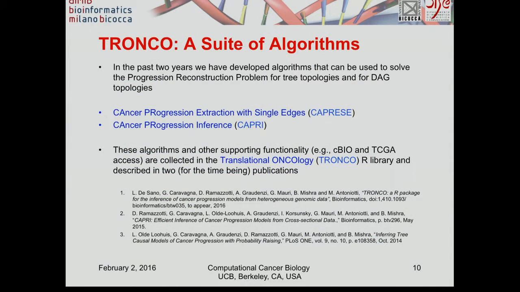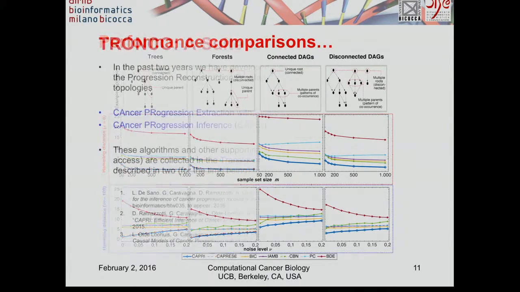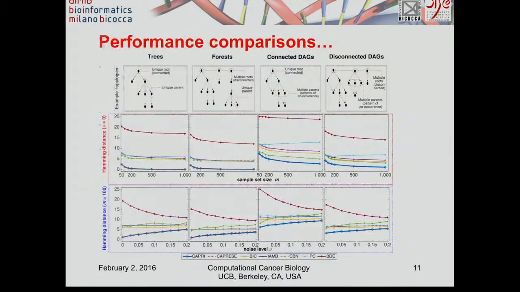Okay. So let me just give you a little bit of advertisement. This is the library. These are the 3 papers that we have published on the algorithms that are present in the library. These are the performance comparisons of our algorithms, CAPRI and Caprese. The difference is that Caprese reconstructs tree topologies, while CAPRI reconstructs much more complex DAG topologies.